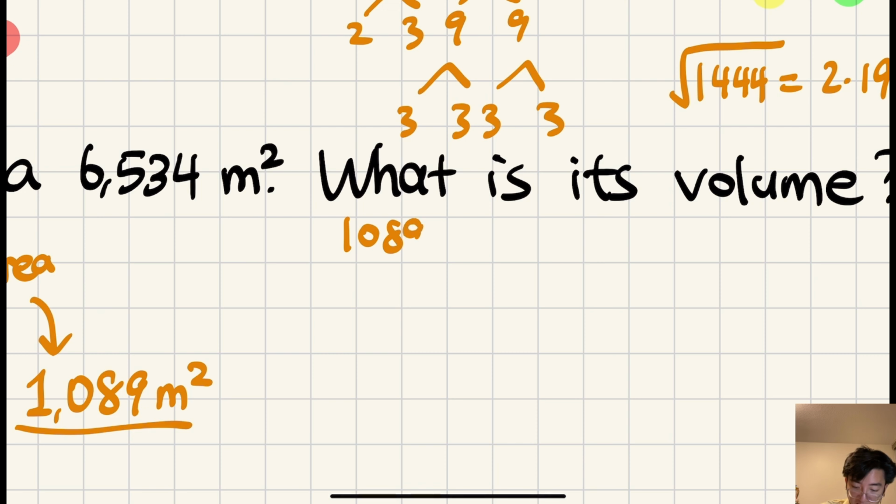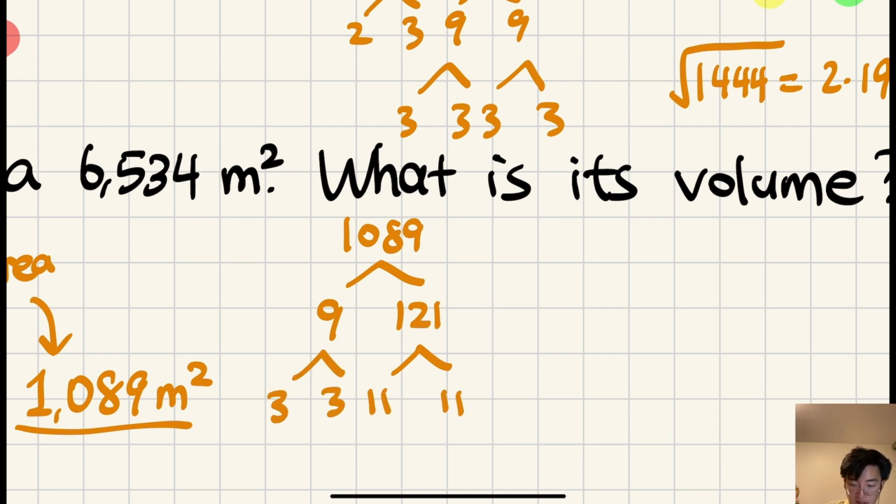1,089. If we add all the digits up, 1 plus 0 plus 8 plus 9, we get 18. 18 is divisible by 9, so this whole number is divisible by 9. That leaves us with 121. 121 is just 11 squared, so 121 is 11 times 11. 9 is 3 times 3.